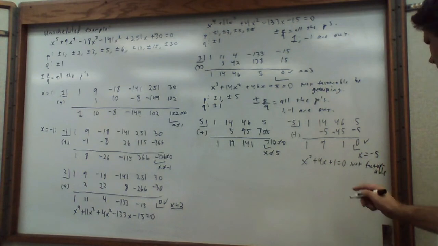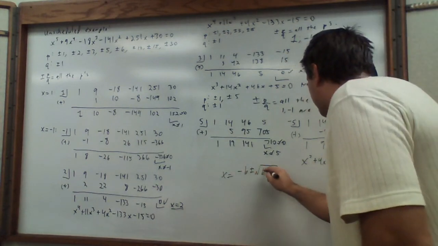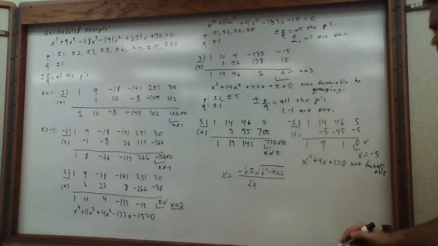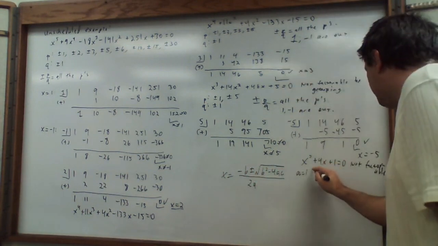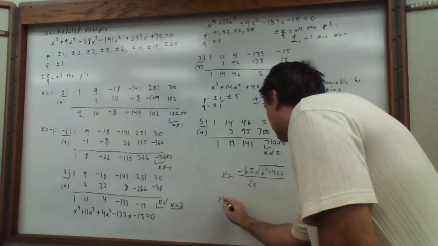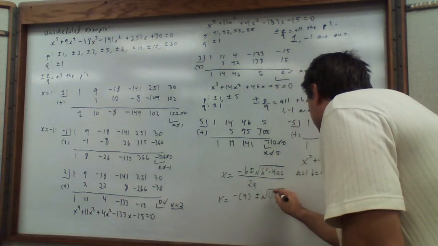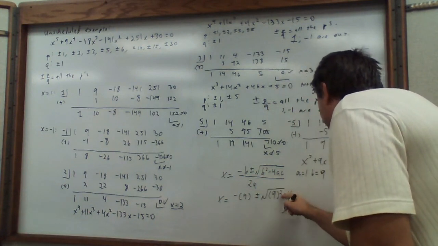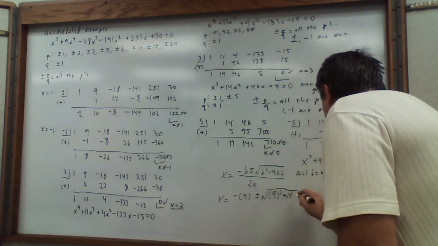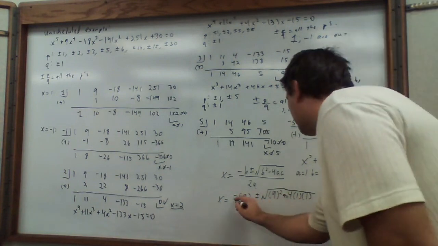So x equals negative b plus or minus the square root of b squared minus 4ac, all over 2a. Here a equals 1, b is 9, c is 1. So x equals negative 9 plus or minus the square root of 9 squared minus 4 times 1 times 1, over 2 times 1.